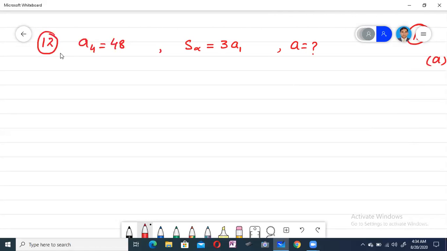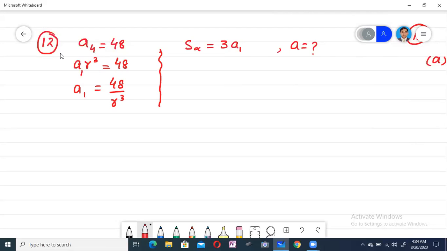As A4 is equal to 48, A4 we can write as A1 R cube is equal to 48. From this equation, A1 will be equal to 48 divided by R cube.